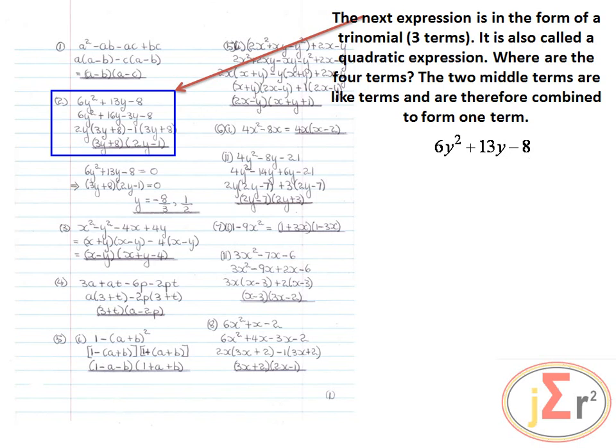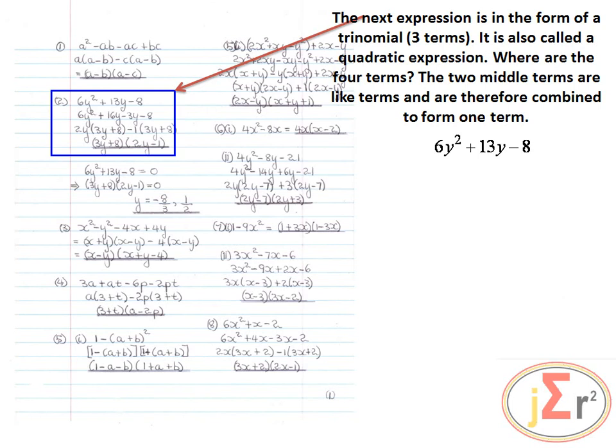The answer is, the 2 middle terms are like terms and are therefore combined to form 1 term. And we will see an explanation of this in Richard James Mathematics Resources, Volume 1, Algebra, in the instructional material.